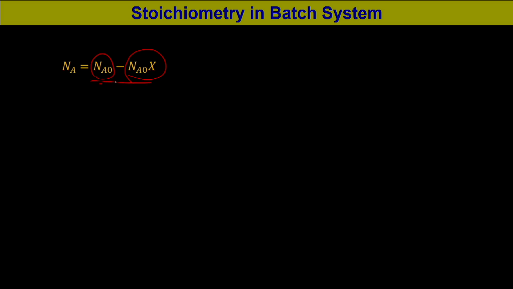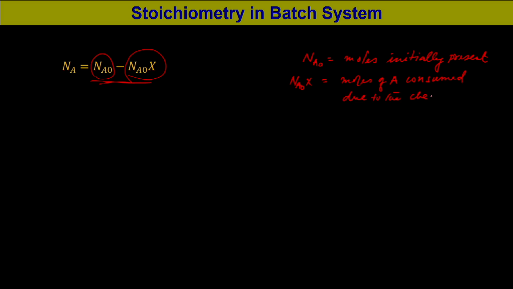The remaining amount is Na naught minus Na naught X. Na naught is the moles initially present and Na naught X is the moles of A consumed due to the chemical reaction. So, Na would be Na naught minus Na naught X.